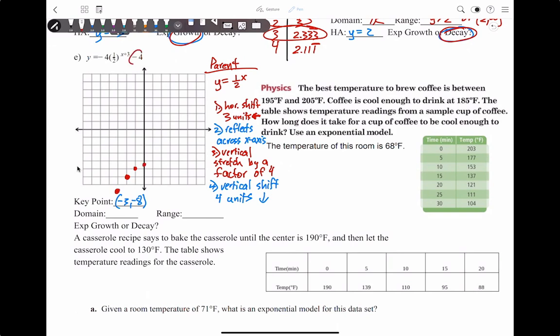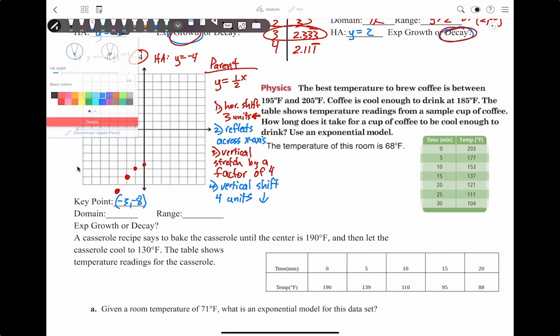And you can see the horizontal asymptote is going to be y is equal to, let me write that up here, y is equal to -4. All right, so horizontal asymptote. Let's go ahead and draw that out real quick.